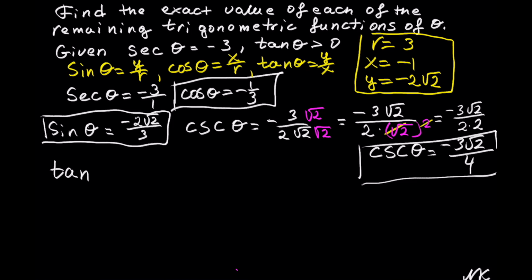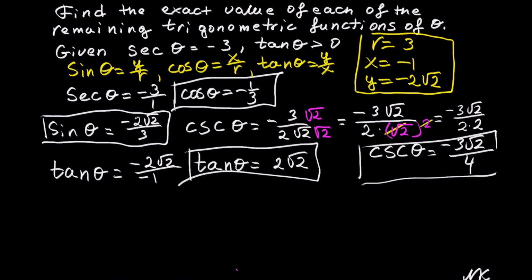Tangent of theta is equal to y divided by x. Y is negative 2 radical 2 out of x is negative 1. We can simplify this and get tangent of theta equals negative 2 divided by negative 1 gives us positive 2 radical 2, and 2 radical 2 will be the solution for tangent of theta.